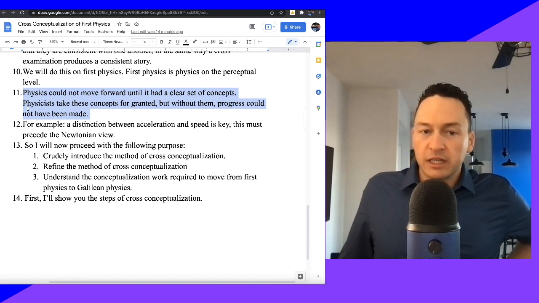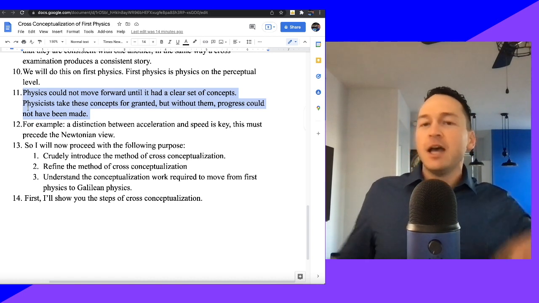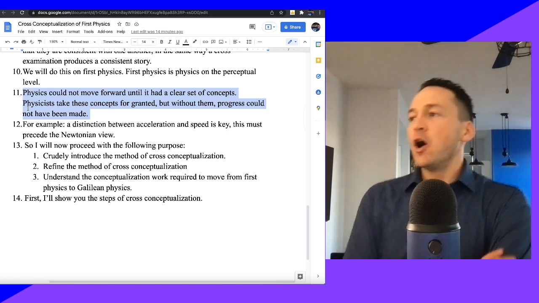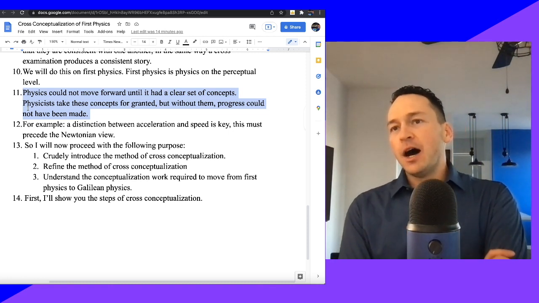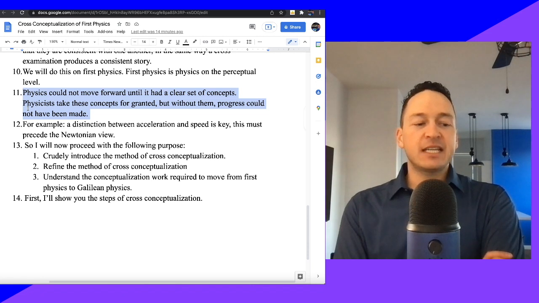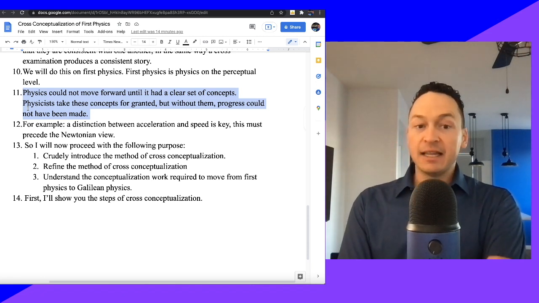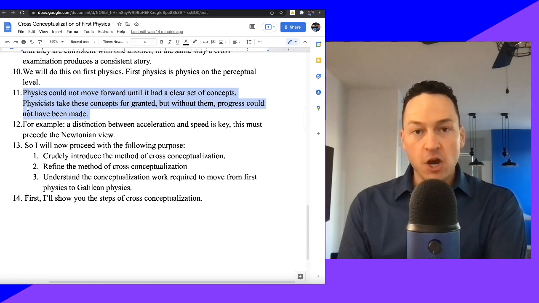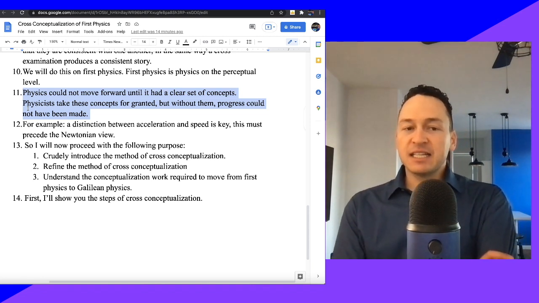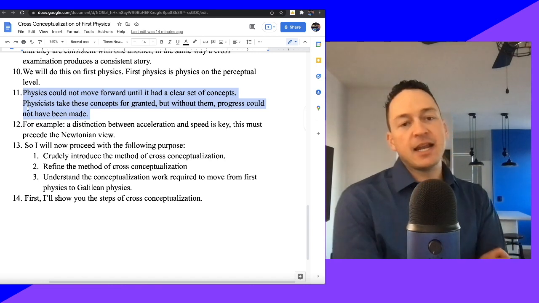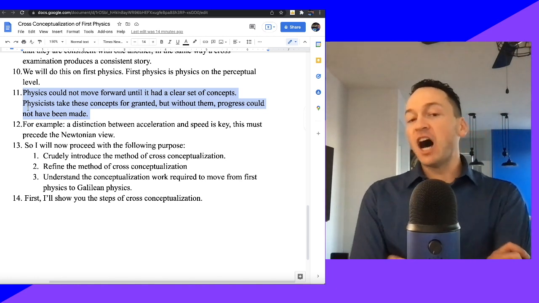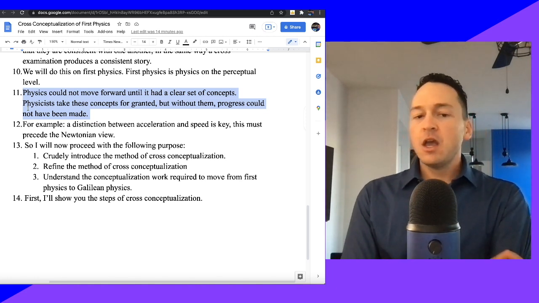In fact, historically, Newton's laws were seen as a priori truths, which are truths that we just kind of know ahead of time without any observation, which is ridiculous because before Galileo and before Newton, people had Aristotelian notions of physics. And that's kind of what we're going to be focusing on today. Today we're going to be trying to derive physical concepts and physical laws from just the perceptual level.